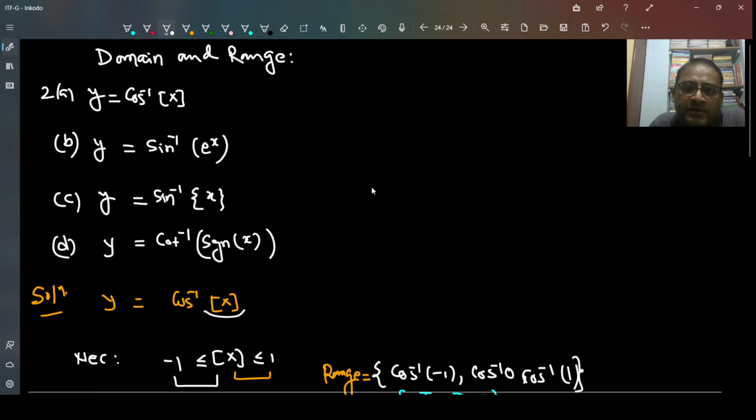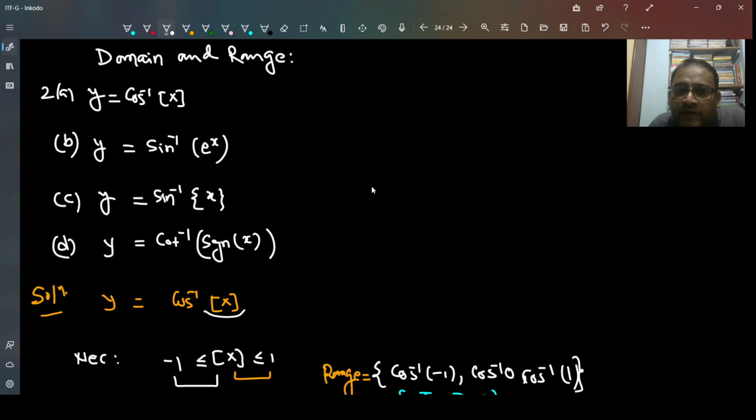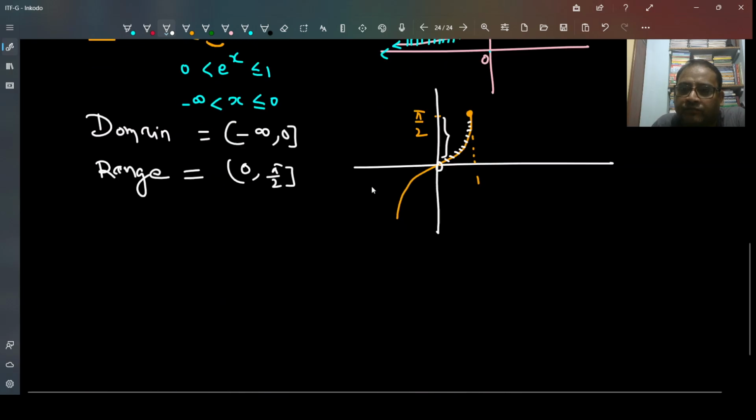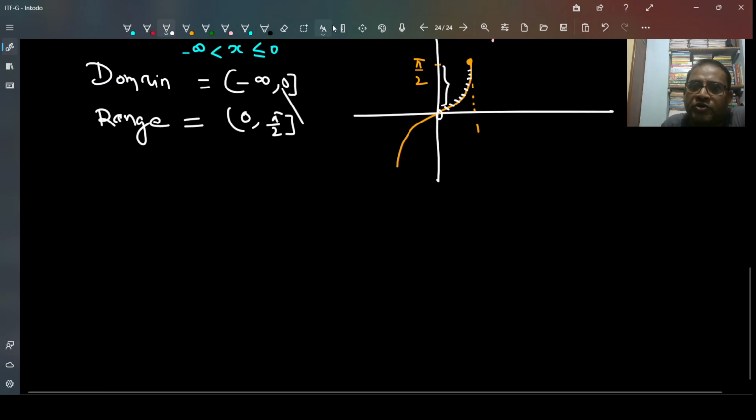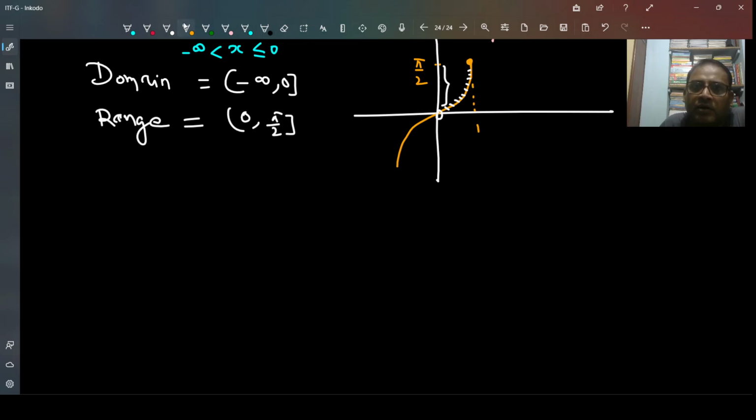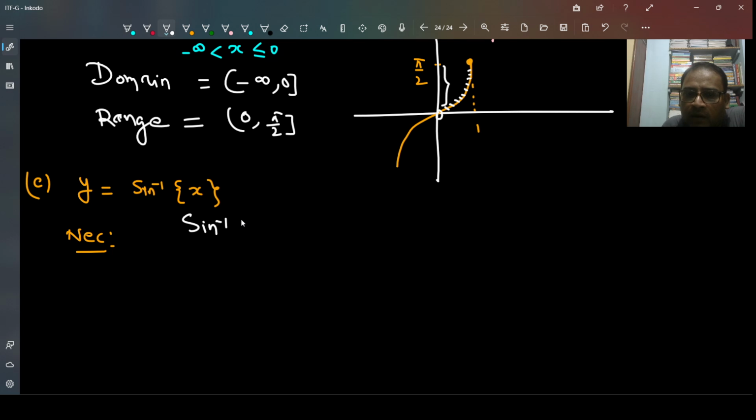Coming to the next question: y is equal to sine inverse of the fractional part of x. The necessary condition for sine inverse to be defined is that the input is less than or equal to 1 and greater than or equal to minus 1.